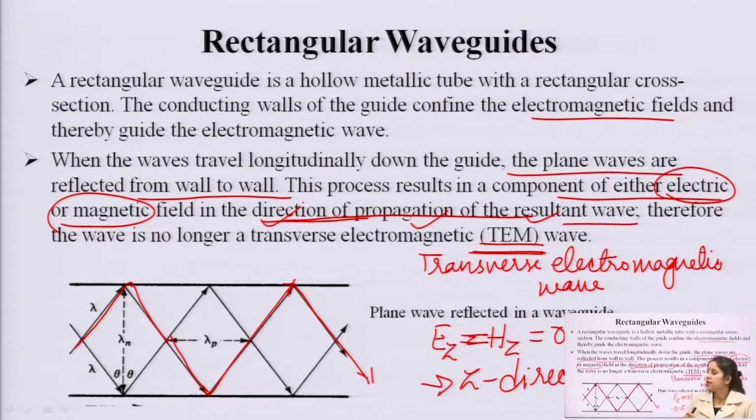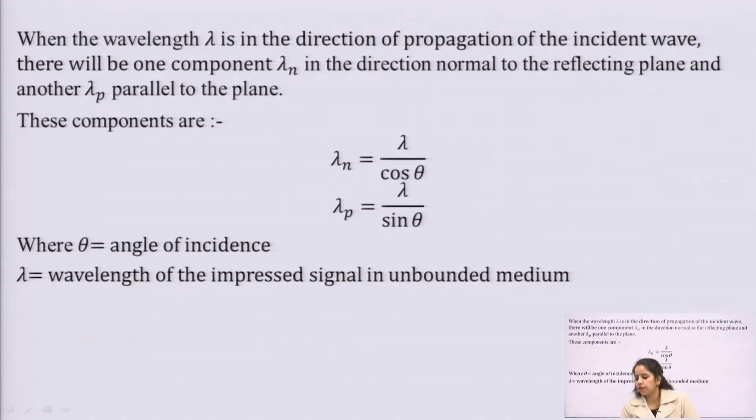There is a chance that either Ez or Hz exists in the direction of the propagation of the wave, if we are assuming that the wave is propagating in the z direction. So, the modes which are possible in the case of a waveguide are basically TE and TM waves, transverse electric and transverse magnetic, and the TEM mode is not possible in the case of any waveguide.